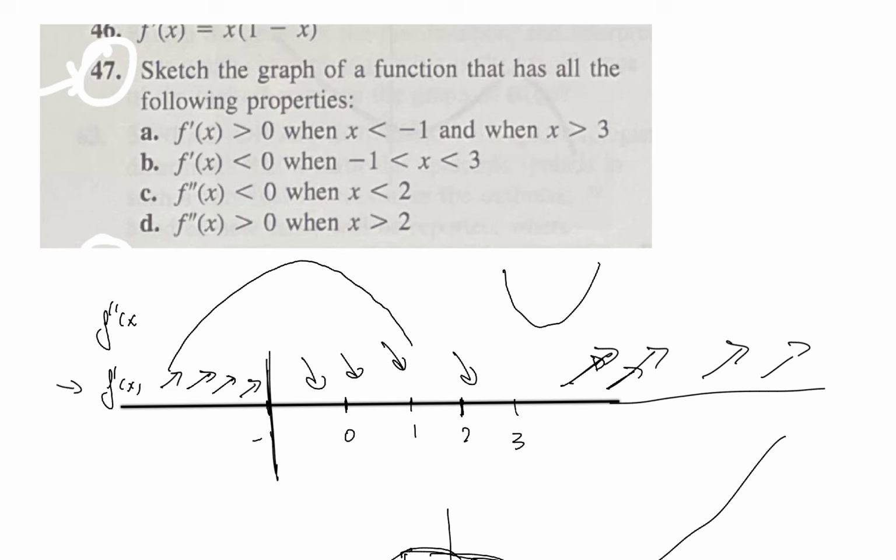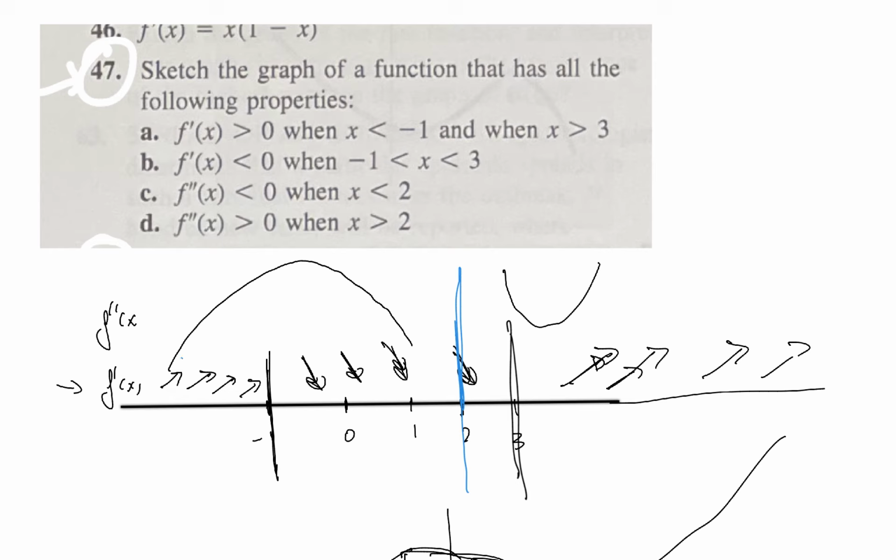The other interval is between -1 and 3. Let's put this line here to separate the intervals. And between -1 and 3, the slope is negative, so the function goes down. It has a negative slope. Now it says that for x smaller than 2, let's put it here, in this color, for x smaller than 2, f second of x is negative.